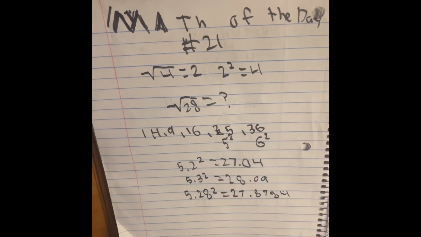That looks like a lot, but we really just are trying to get close, so all those decimals don't really matter. And this number is less than 28, so we're going to have to put it a little bit greater.